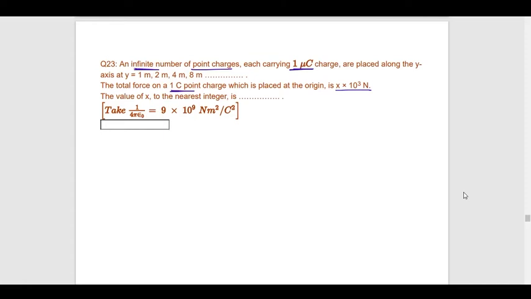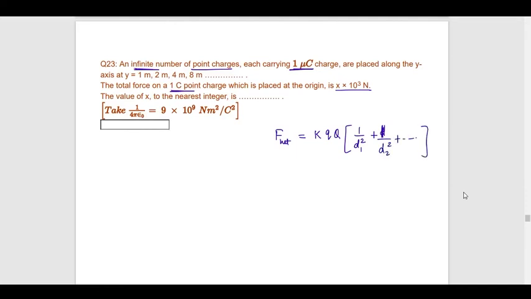So this is basically a classical question in which we will say that the net force on the charge present on the origin is going to be equal to k times q times capital Q divided by d square, summation of d square, right? So we will get 1 by d1 square plus 1 by d2 square and so on.